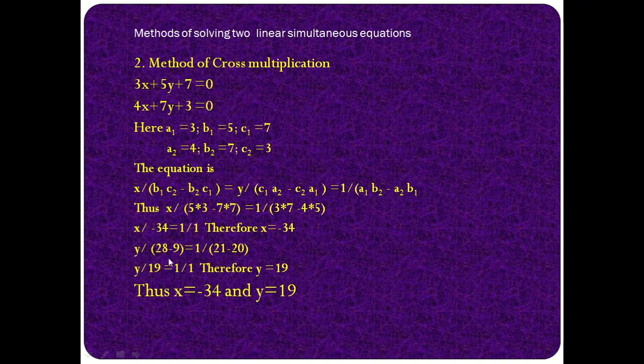So y divided by 19, 28 minus 9 is equal to 19, is equal to 1 by 1. Therefore, y is equal to 19. Thus, x is equal to minus 34 and y is equal to 19. So, this is the method of cross multiplication. So, you can either solve the problem using elimination method, or you can solve the problem using cross multiplication method.